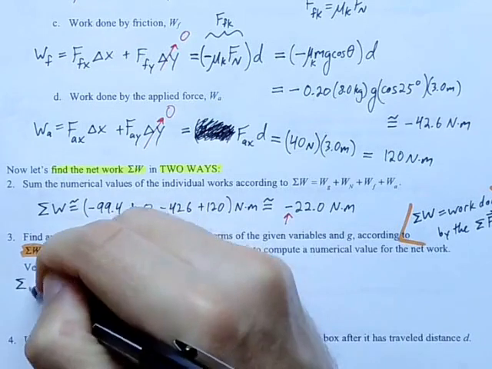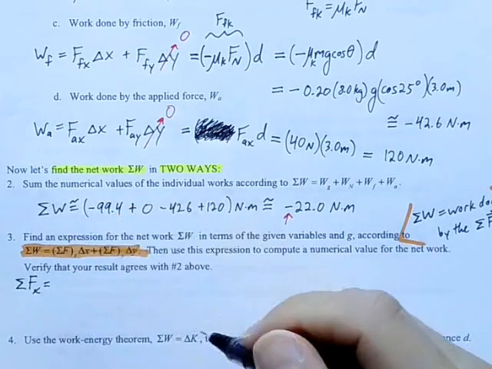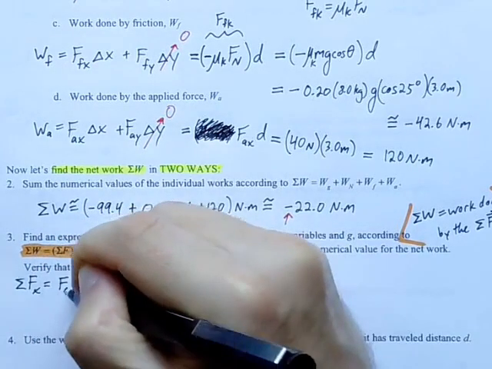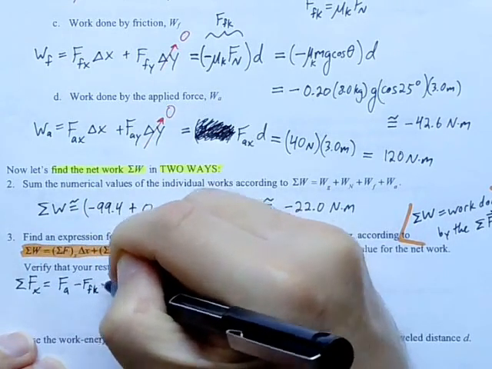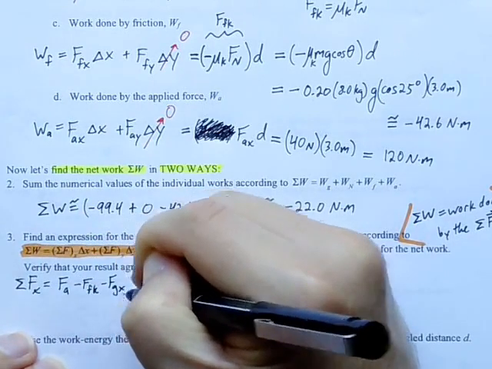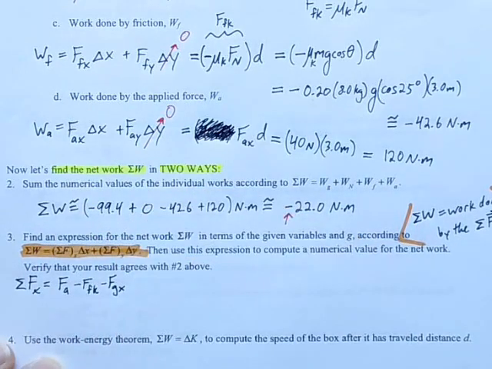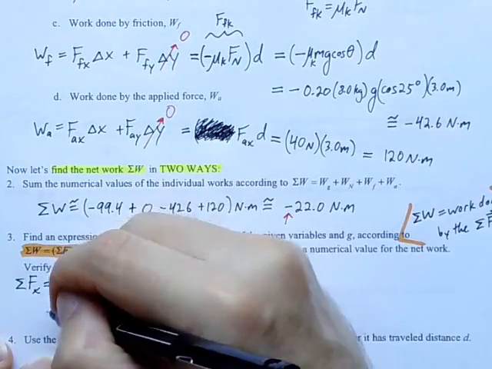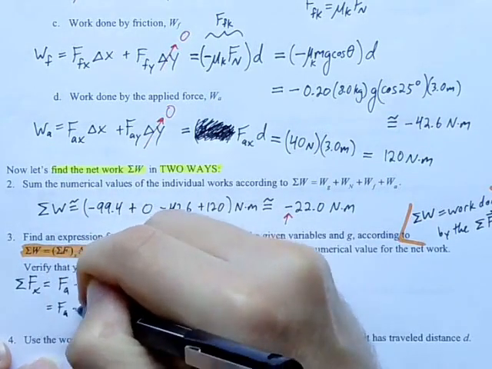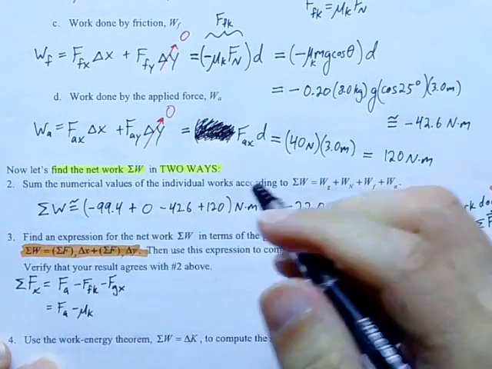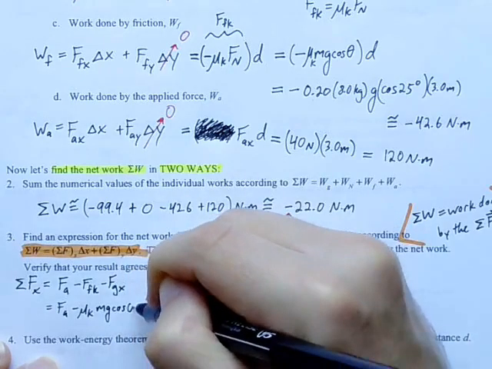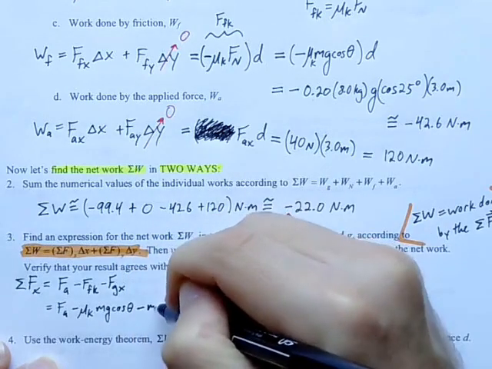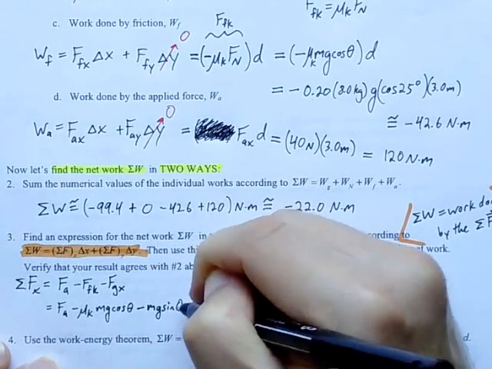So net force in the x direction. We have our applied force minus our force of friction minus the x component of the force of gravity. So that is the applied force minus mu k mg cos theta, we determined that earlier, minus mg sine theta.